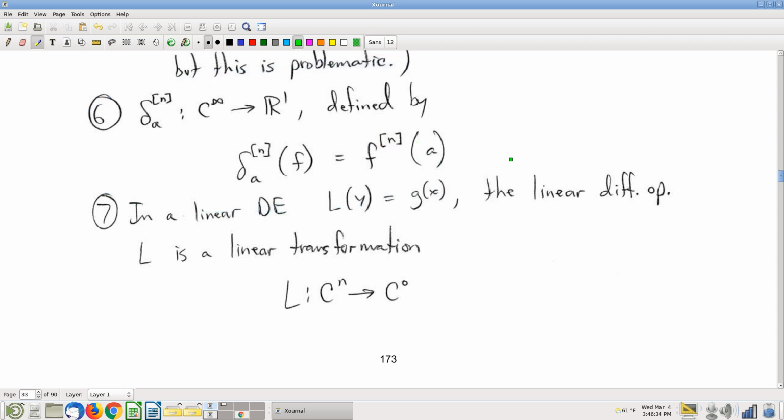Okay. Last one. We've actually already done this last one. In Chapter 4, one of the first things that we did is we looked at differential equations that look like this. And we observed that we can interpret the entire left side as being what you get by applying a certain operator that we called L to some function y. That was the very first thing that we did, was rewrite the left side as L of y.